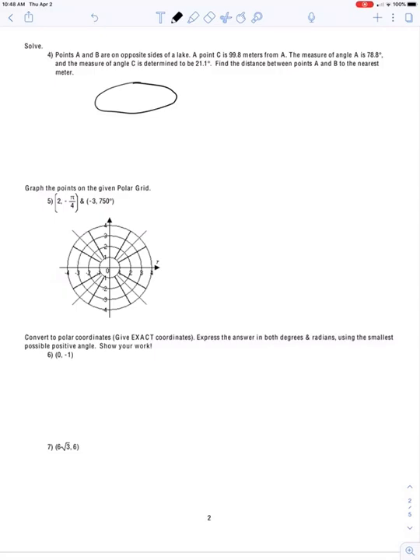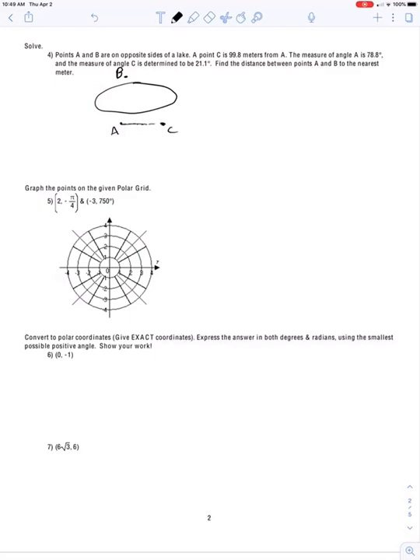But let's go ahead and put those 2 points here. And we'll keep in mind A's got a 78.8 degree angle. There's A and there's B on opposite sides. And it says point C is 99.8 meters away from A. So let's put point C in here.